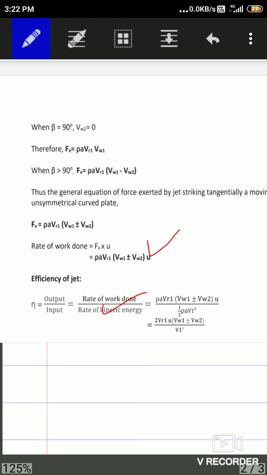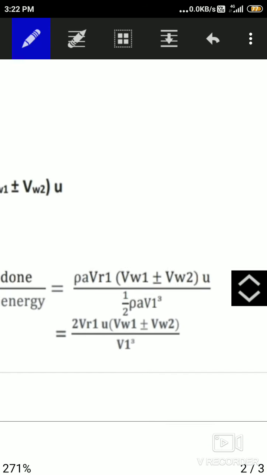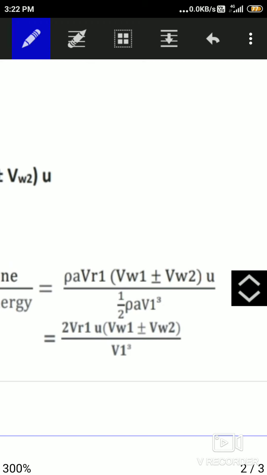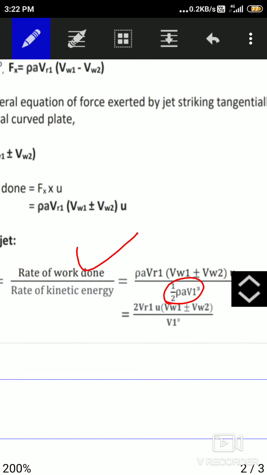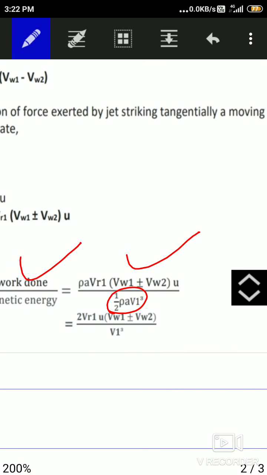The jet is moving at a velocity of V1. So it is not only kinetic energy, it is rate of kinetic energy, which I have already taught you how to derive. The expression for rate of kinetic energy is half rho A V1 cubed.